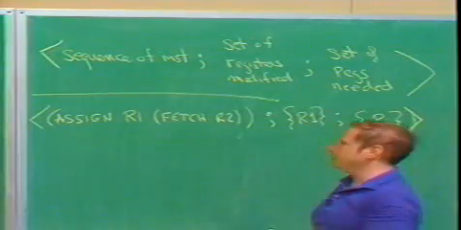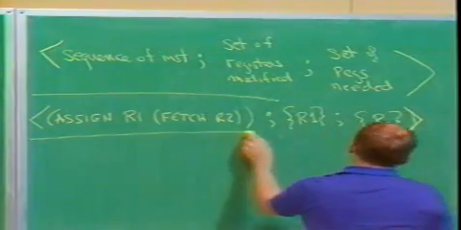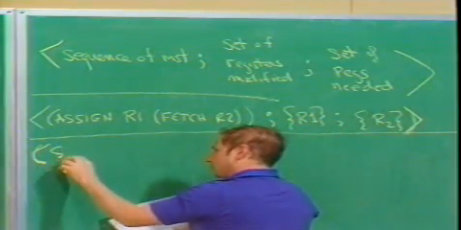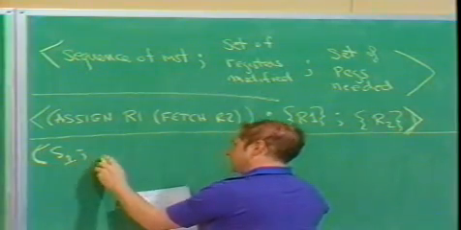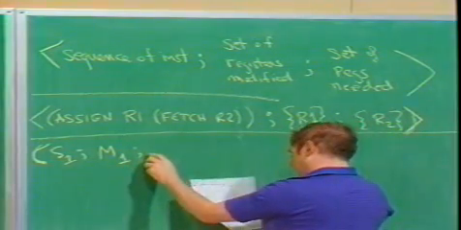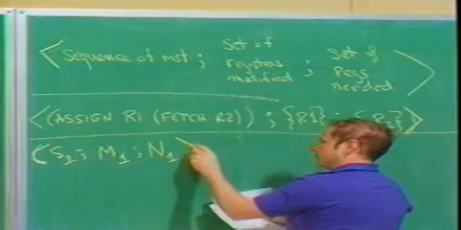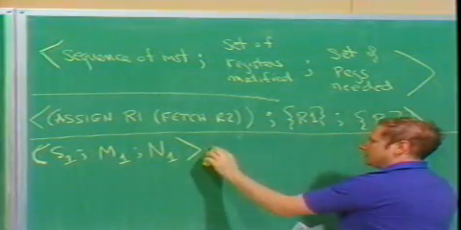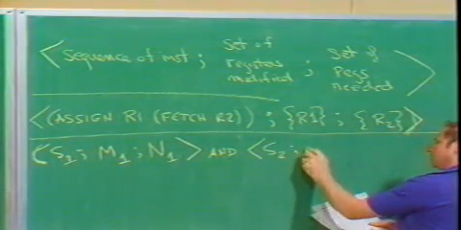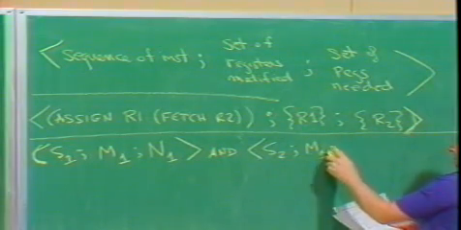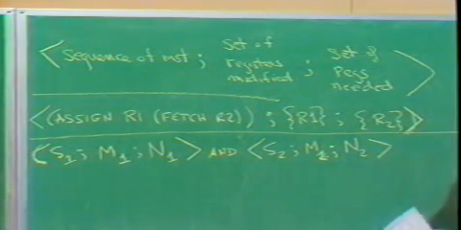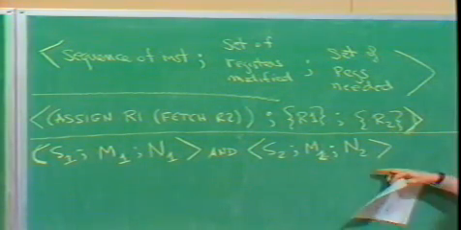And now, when it combines two sequences, let's say sequence 1 modifies a bunch of registers M1 and needs a bunch of registers N1, and I'm going to combine that with sequence 2 that modifies a bunch of registers M2 and needs a bunch of registers N2, then we can reason it out.